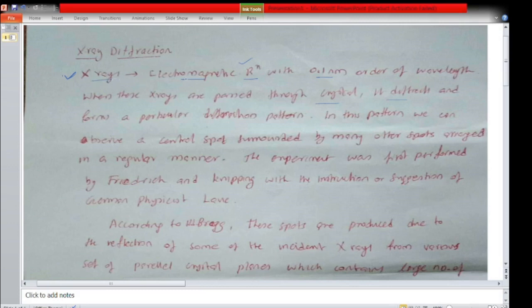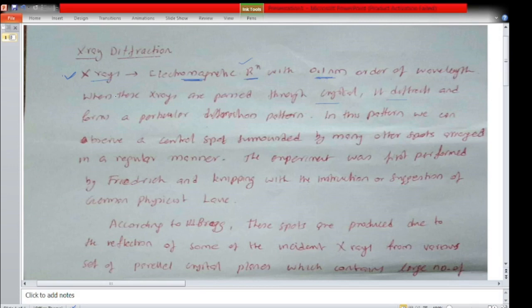As you know, X-rays are electromagnetic radiations with some wavelength, and that wavelength will be in the range of 0.1 nanometer. Okay, around that 0.1 nanometer range, order of wavelength.